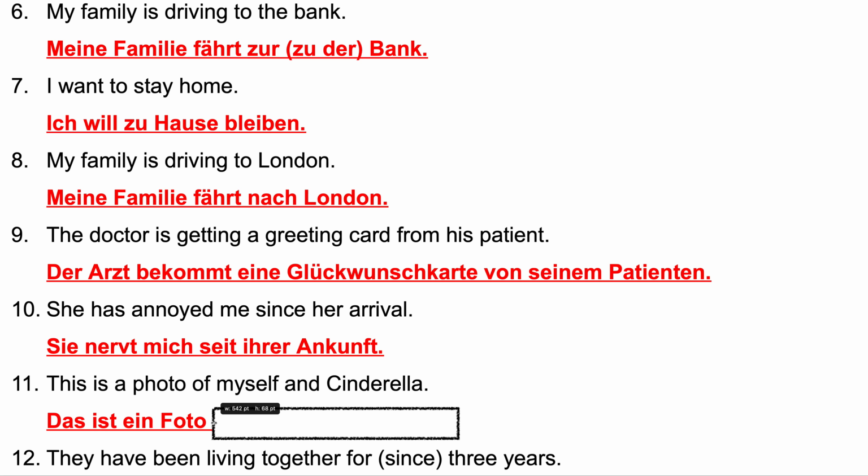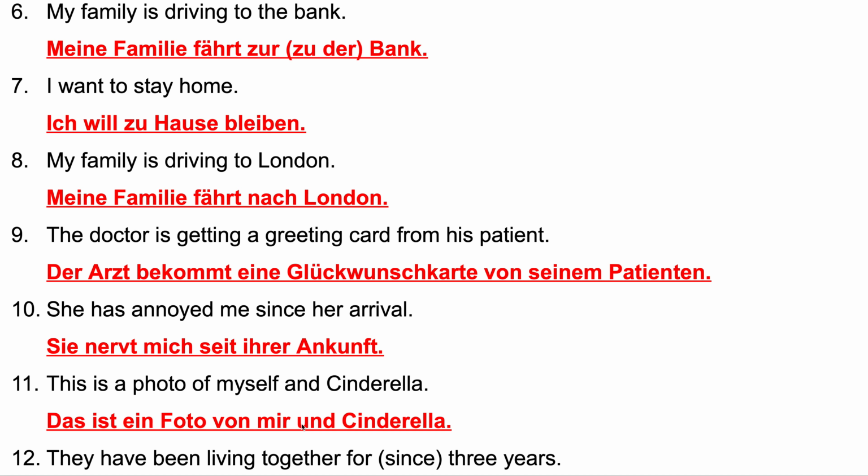And then "of myself," von. "Myself" is going to have to be a pronoun meaning "me," but this would be dative because von. So von mir. Das ist ein Foto von mir. This is a photo of me. Und Cinderella. I could have put Aschenputtel, but let's be honest, you weren't going to write Aschenputtel in the sentence here, so it was just going to be Cinderella. Das ist ein Foto von mir und Cinderella.